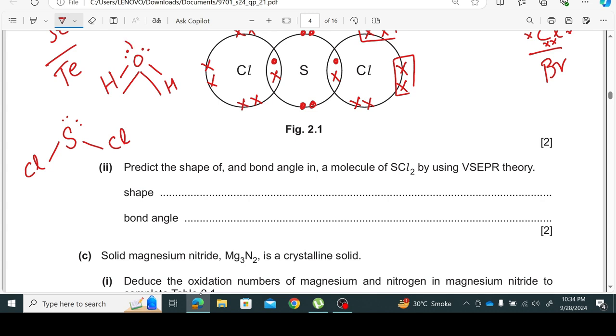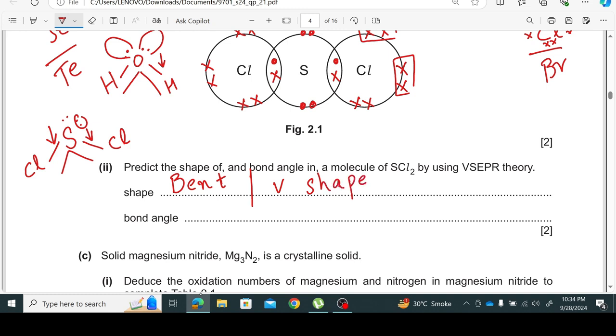These lone pairs occupy more space, so they repel the bond pairs. So you can say their shape is bent. They make a V shape.